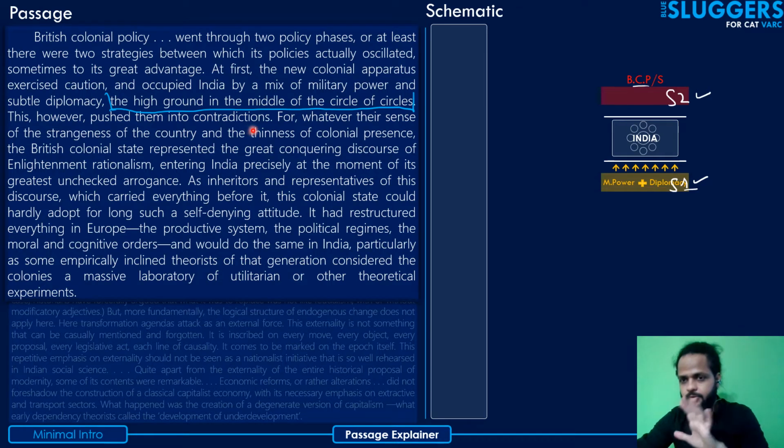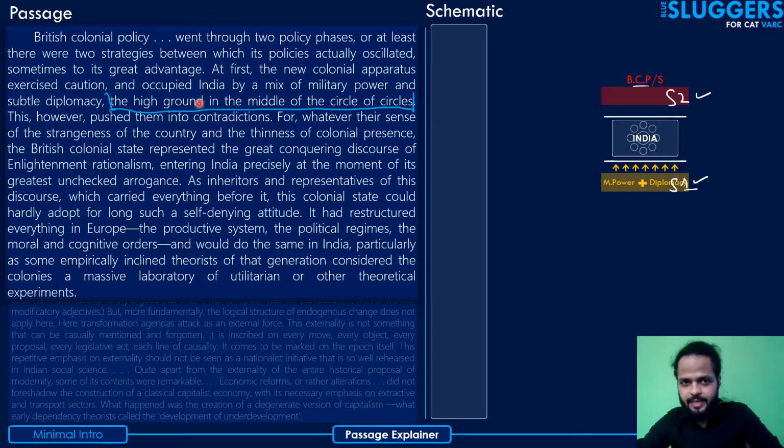But that doesn't mean it will create problems for you to answer the questions, because no questions have been asked directly from this part, at least from this line. So it won't create any problems in terms of answering the questions. But yes, this is something that we'll take up once we've understood the whole paragraph.